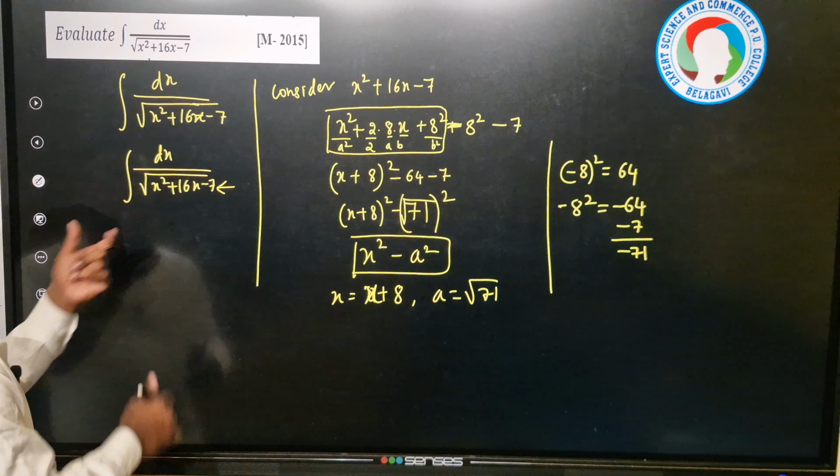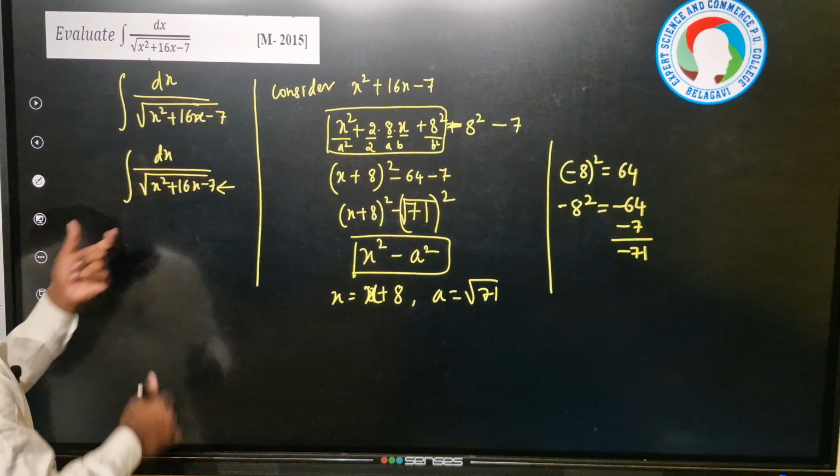And we know the formula: dx divided by square root of x square minus a square is nothing but log of x plus square root of x square minus a square plus c. So how to remember this formula, sir? x square minus a square, x square minus a square. In the last example it was x square plus a square. So we have to keep x as it is.